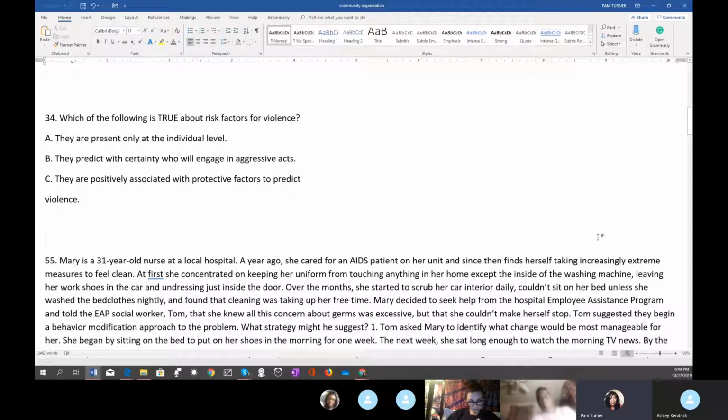I see my D is missing, so I'm not really sure. But the question is what is true about the risk factors: they're positively associated with protective factors. Let me just pull that up since I didn't get the whole question.